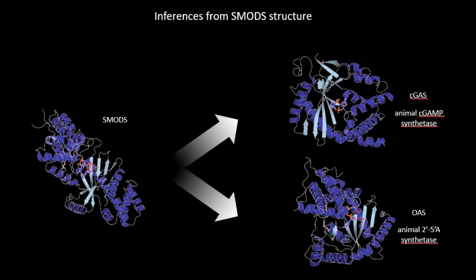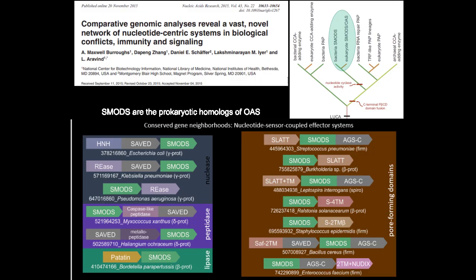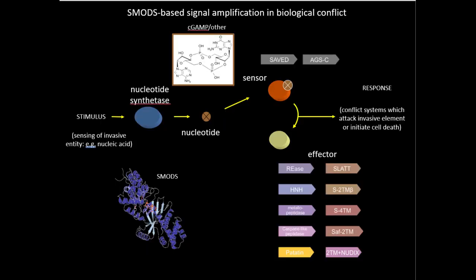For example, we found the progenitors of the 2,5-A oligoadenylate systems in bacterial conflict systems, and then we found progenitors of the various cyclic dinucleotide systems again in the prokaryotes.